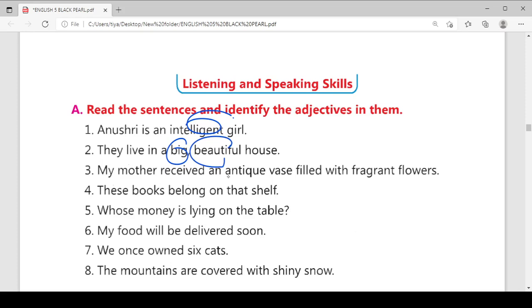My mother received an antique vase filled with fragrant flowers. So antique vase, antique is the adjective. Okay. These books belong on that shelf. These books, adjective. Whose money is lying on the table. My food will be delivered soon. My, possessive adjective. We once owned 6 cats. Adjective of number. The mountains are covered with shiny snow.